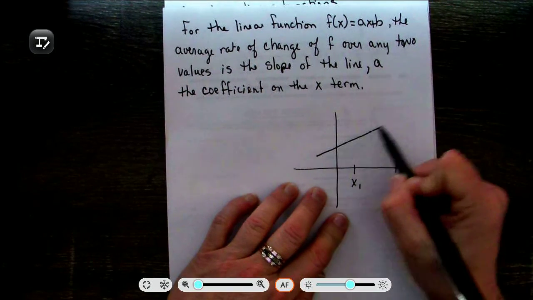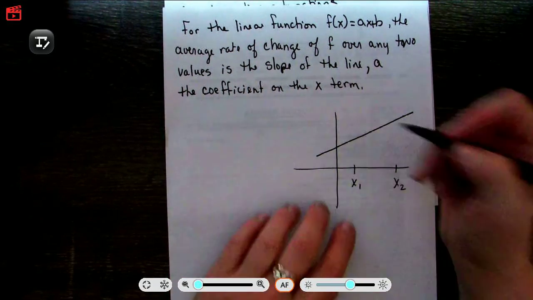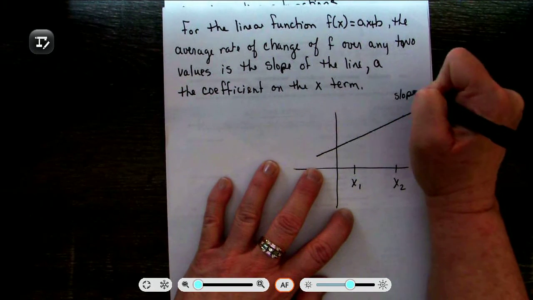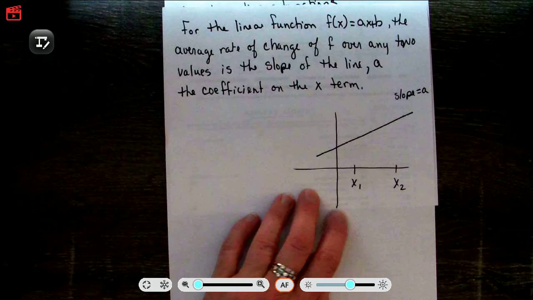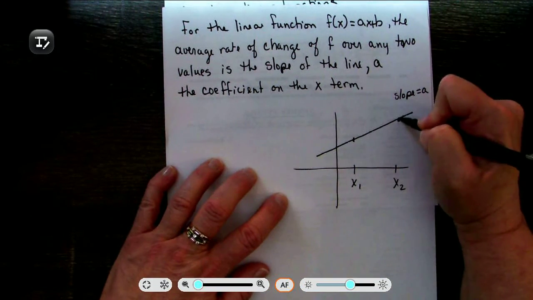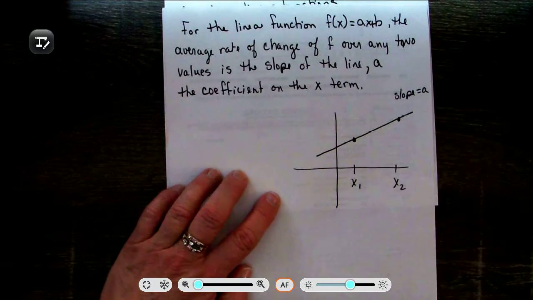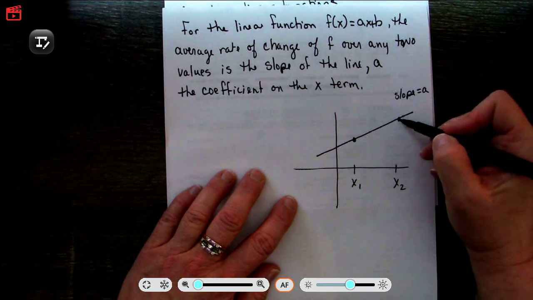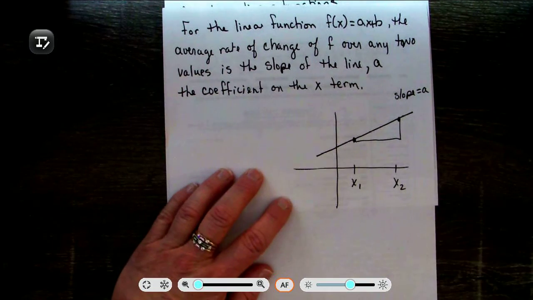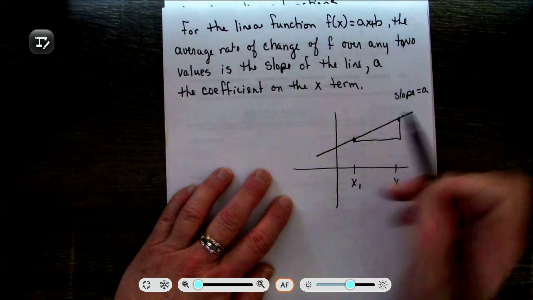So here's my straight line, and the slope of this line is a. Okay? Average rate of change represents the change in the y value over the change in the x value over that region, or the slope of the line connecting those two.